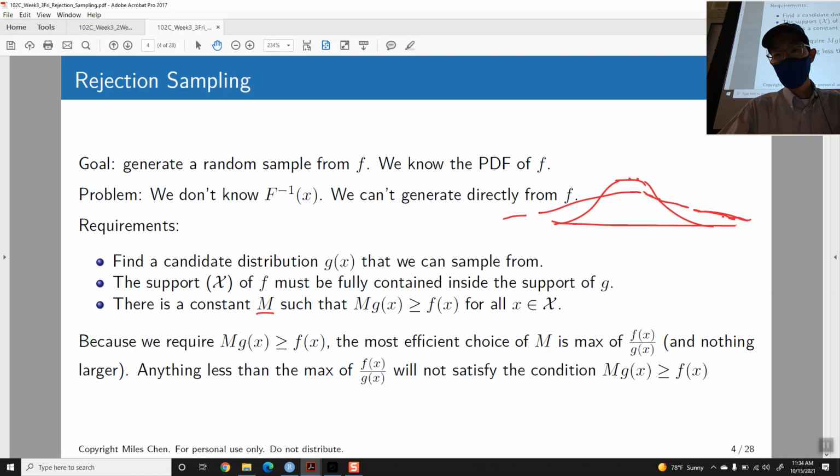But what is the ratio? Let's say the normal is g, and the t distribution is f. As we go out to infinity, what is the number m that you'll have to multiply g by to get f?